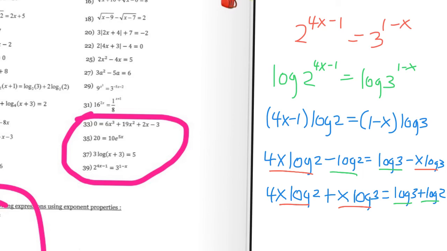The reason I'd want to do that is because I can now factor out the x, and we end up with x times 4 log 2 plus log 3 equals log 3 plus log 2.